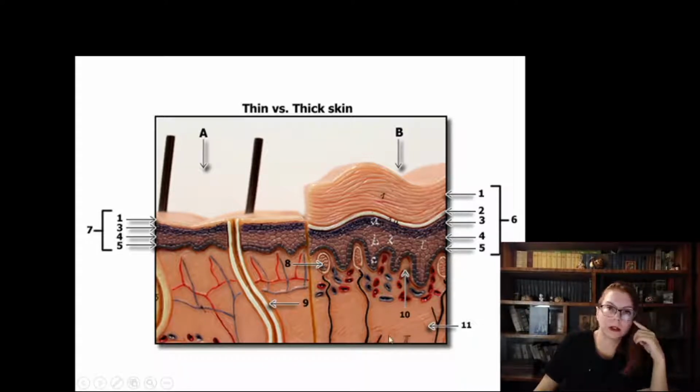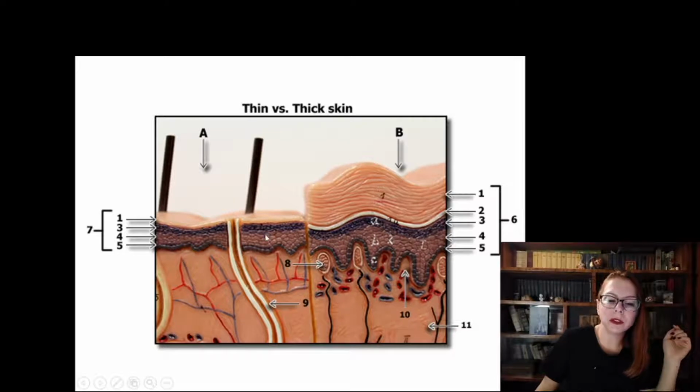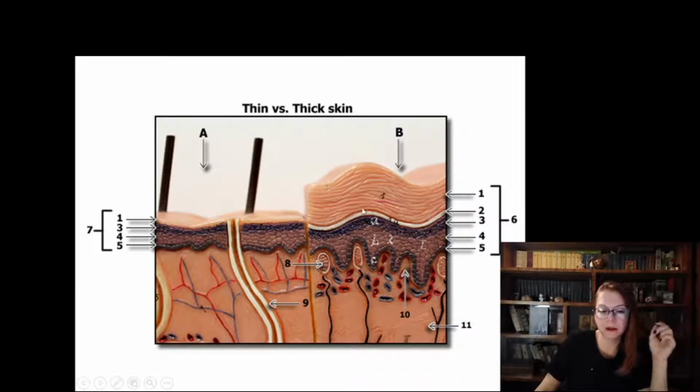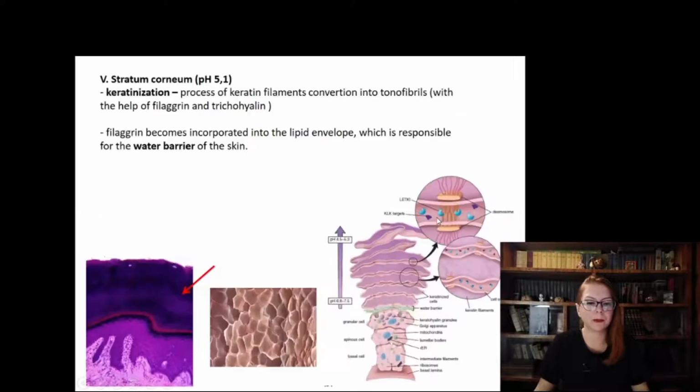We do not take it into account. So there is the paradox, yeah, because thick skin might include thin epidermis, and we call it thin skin. Okay, just remember that. So in the thin skin, in the thin epidermis, stratum lucidum is absent, while in the thick skin, meaning thick epidermis, when the epidermis is very thick, stratum lucidum can be distinguished.